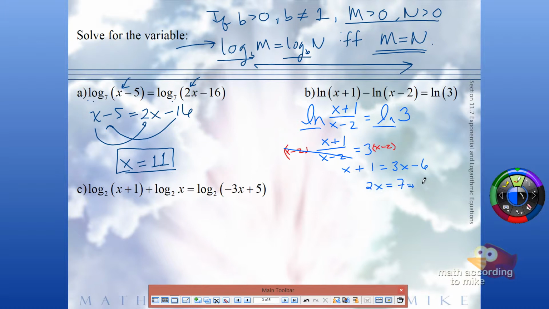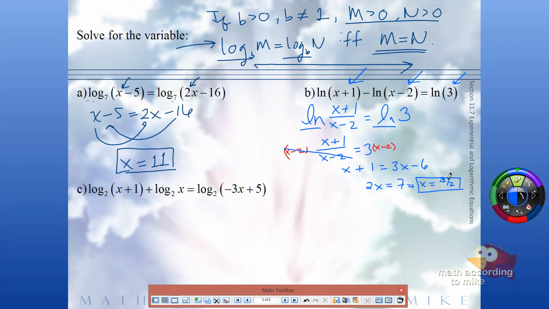And that implies x equals 7 halves. Now ask yourself, does 7 halves make any of the arguments negative or 0? Nope. 7 halves plus 1 is a positive number. 7 halves minus 2 is still a positive number. 3 is always positive. So 7 halves is a-okay. We don't have to worry about anything else.